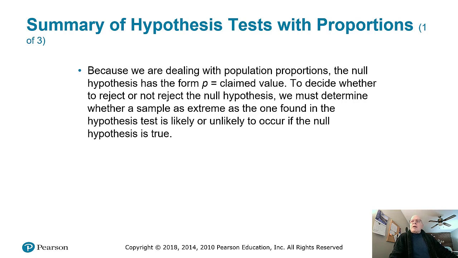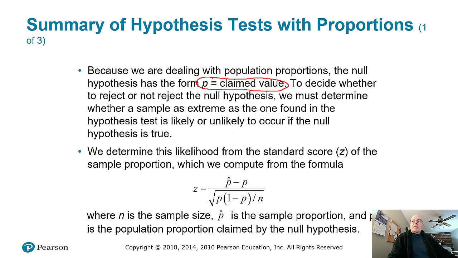So the null hypothesis is that the proportion is the claimed value, 50-50. Here's our z-score. Here's our sample proportion, the 0.51, remember?